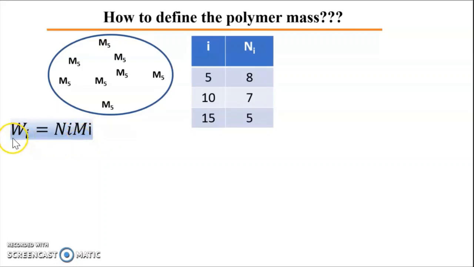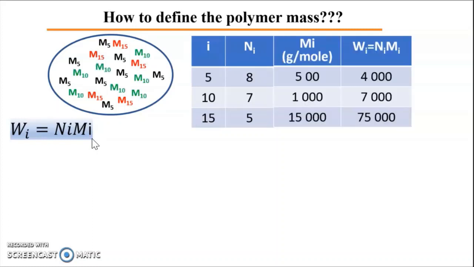So I can define the mass of each group of chains as the number of these chains times the mass of each polymer chain. So here, for example, if I consider M10 and M15, I can calculate the weight of each group by having the mass of each kind of chains.